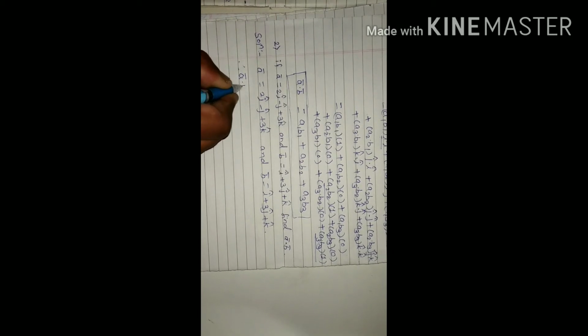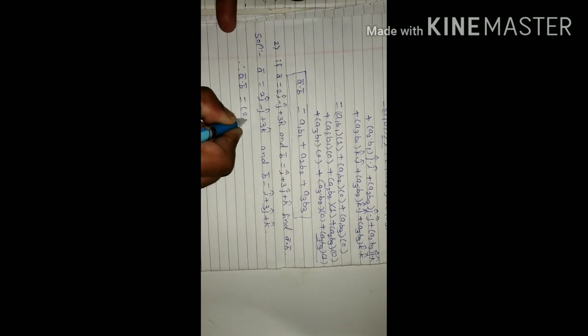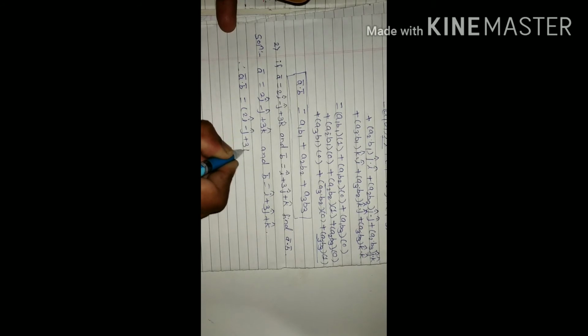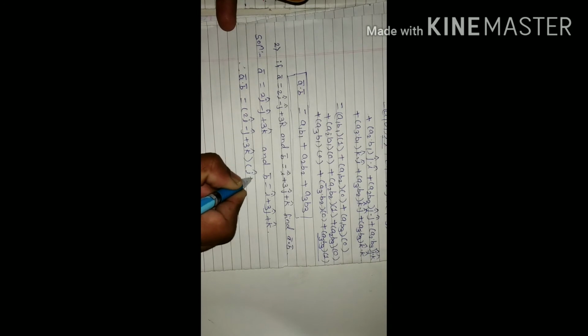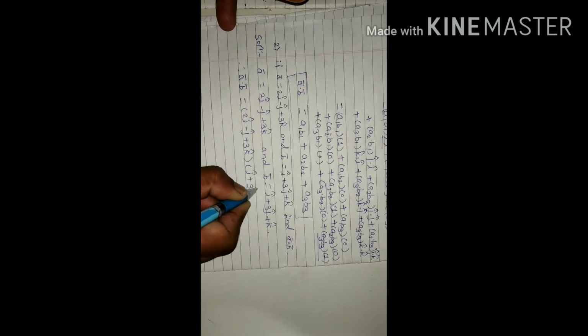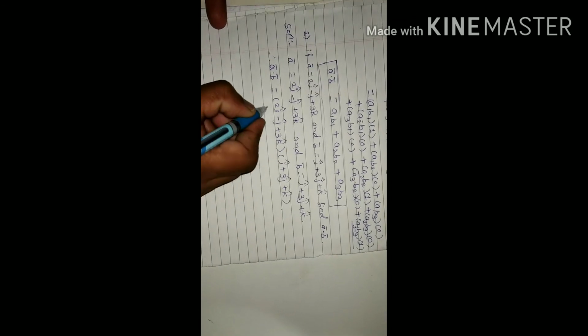Then we write its dot product, a bar dot b bar is equal to 2i cap minus j cap plus 3k cap into i cap plus 3j cap plus k cap.